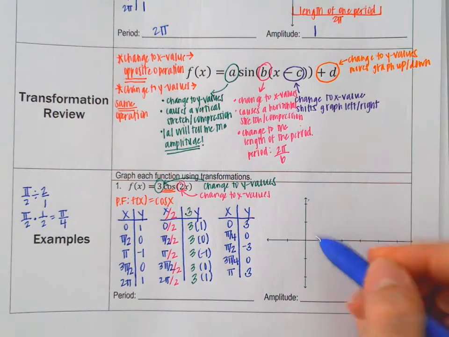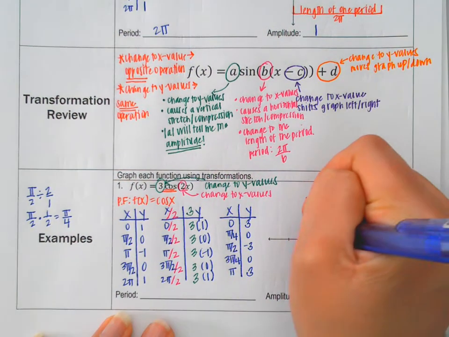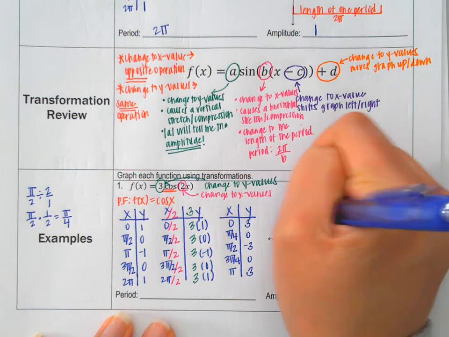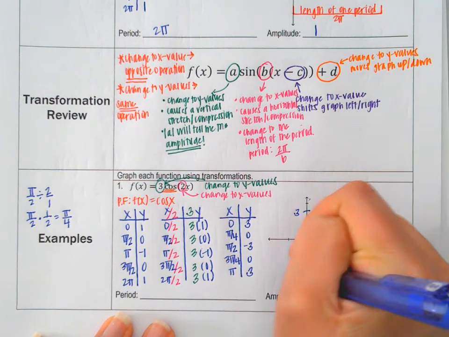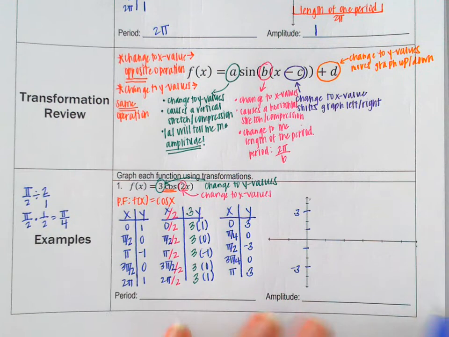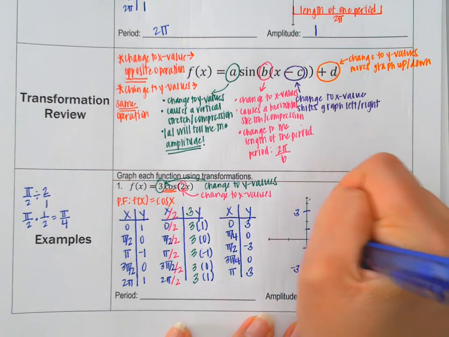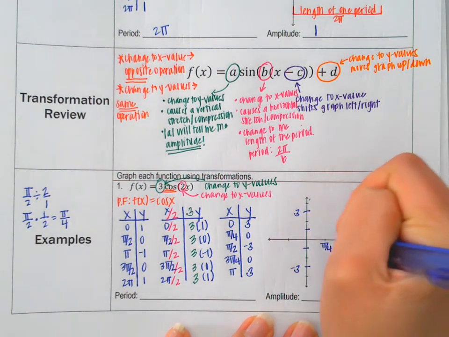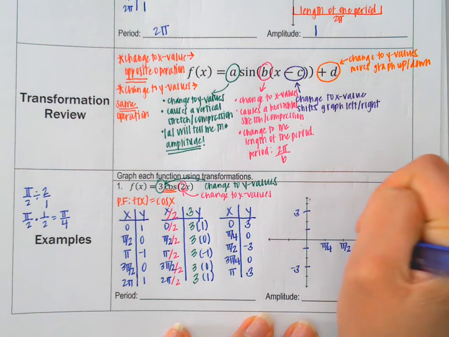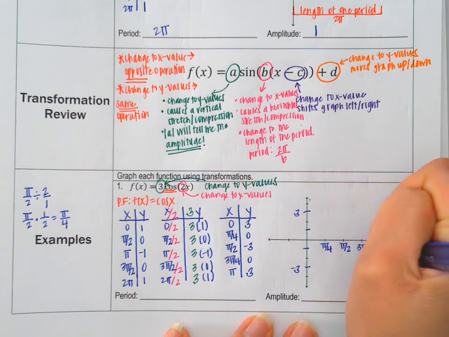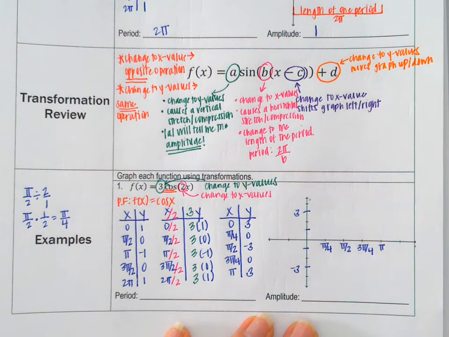I don't have 3, so I'm just going to put those in, 3 and -3. And then I'll plot my points: pi over 4, pi over 2, 3 pi over 4, and pi. And I'm going to graph my curve.